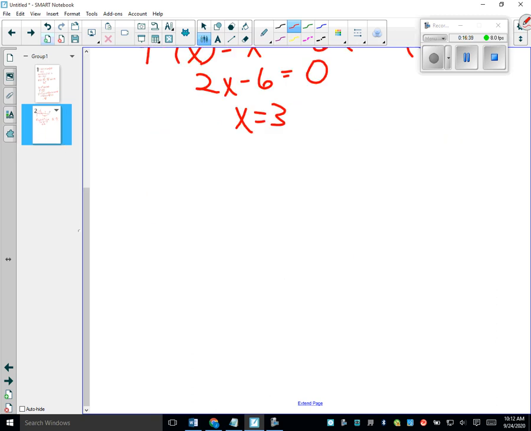Can we do one where we have to find the slope of the tangent line?